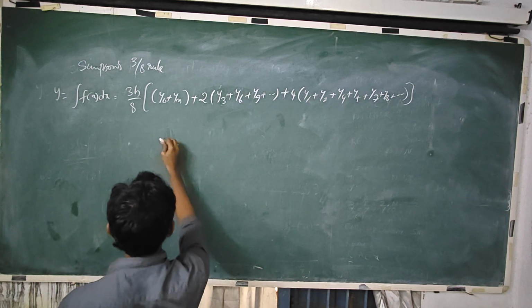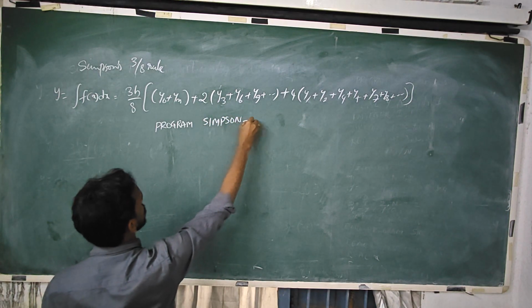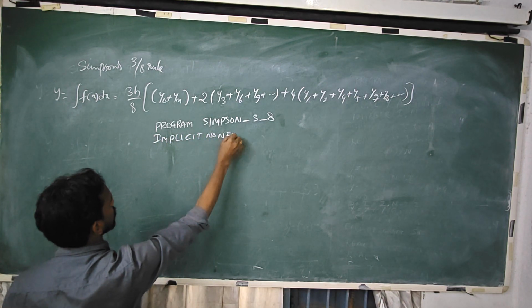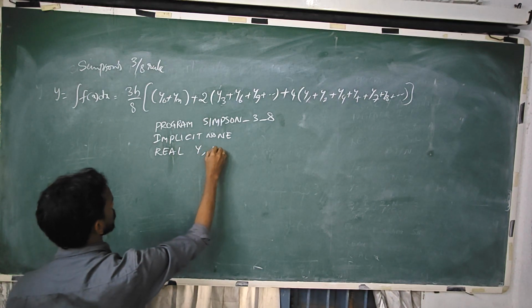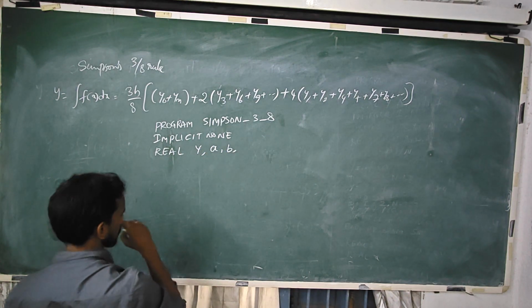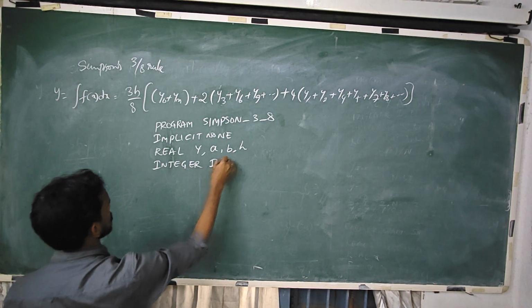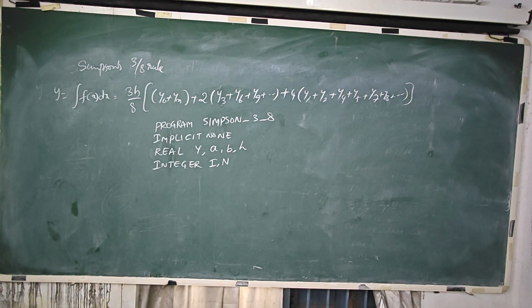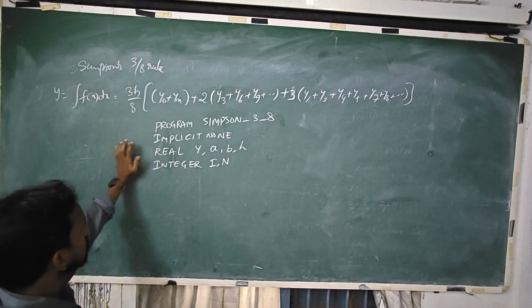So we'll be starting with this is 3. Okay, so I'm considering all these variables.